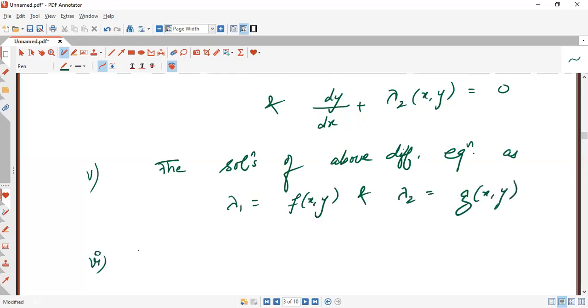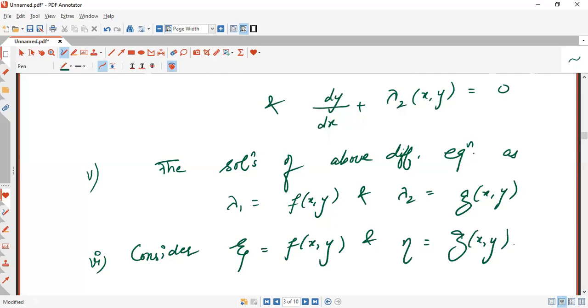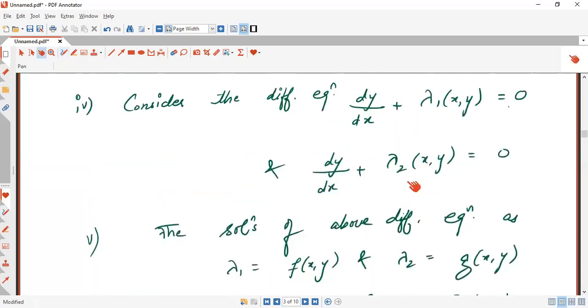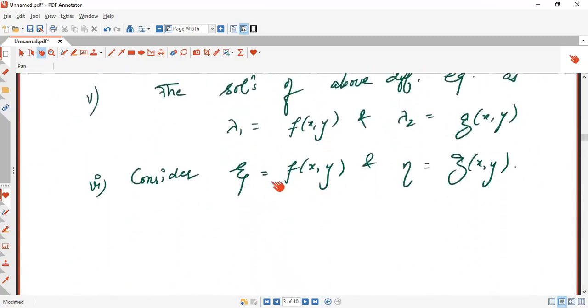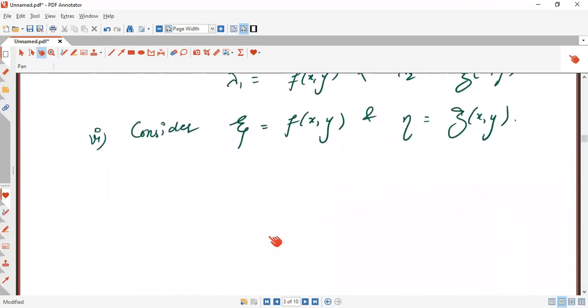Then consider this f as xi and eta as g. That's it. Then we'll differentiate; small r, small s and small t will be double differentiations. So you'll double differentiate and differentiate these, substitute there, and you will get your equation. See how we are solving. I'll show you the example over here.